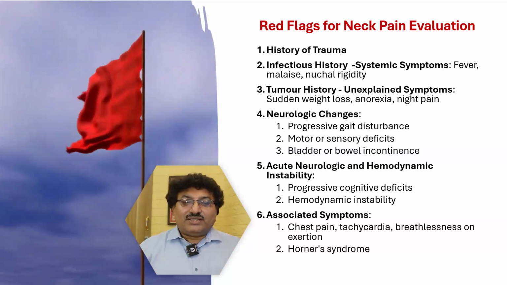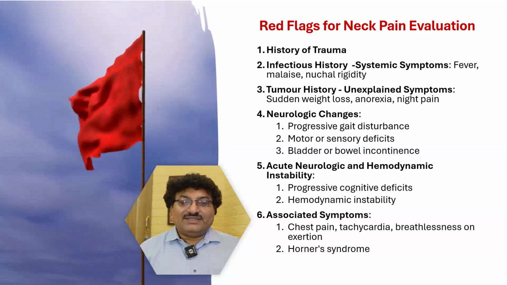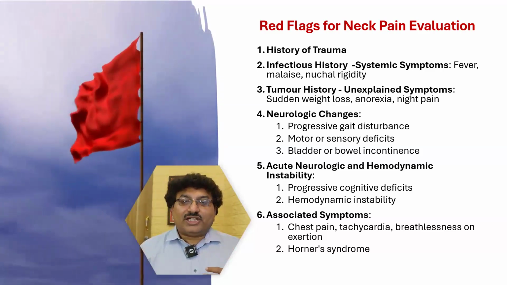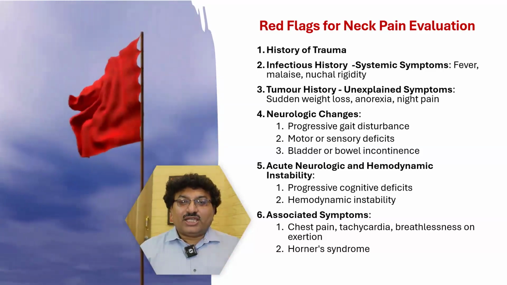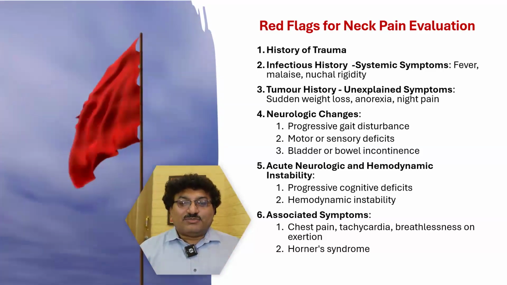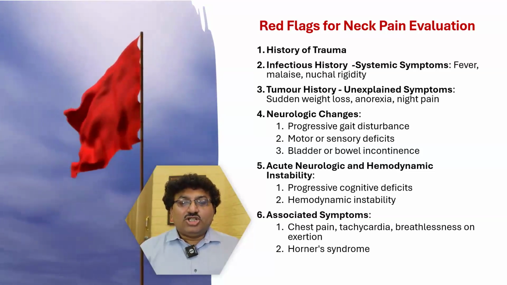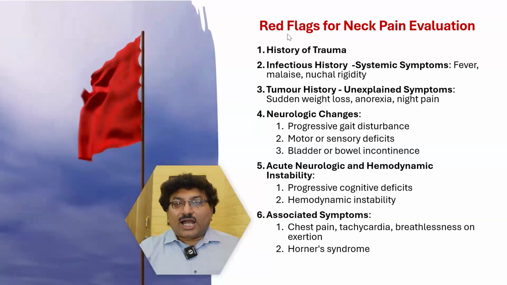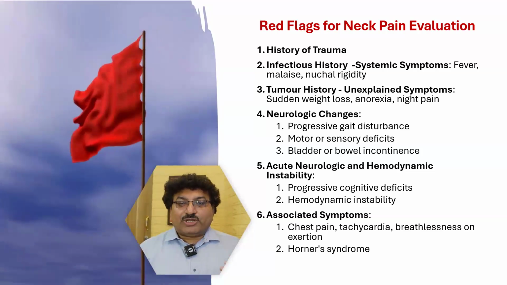A patient with a history of infection, for example, fever, malaise, or nuchal rigidity, is also to be evaluated immediately. Patients with suspected malignancy, like unexplained symptoms such as sudden weight loss, anorexia, night pain, in those patients also we should go for early imaging or investigation followed by treatment.